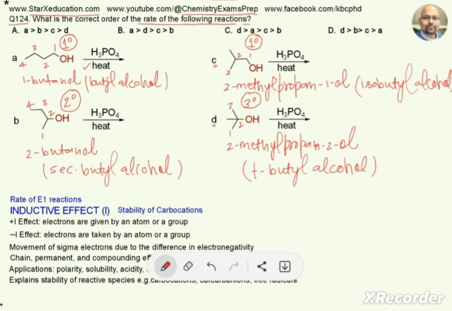Now we need to see the nature of alcohol. So our alcohol functional group is ROH, which is ethanol, for example, CH3CH2OH. So now we know that the oxygen has two lone pairs of electrons. Alcohols are also mildly acidic.